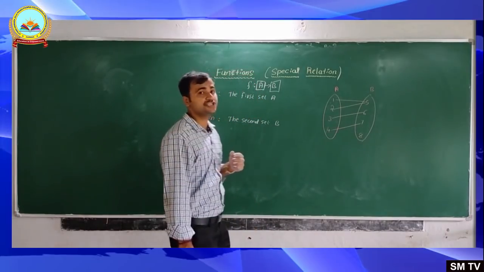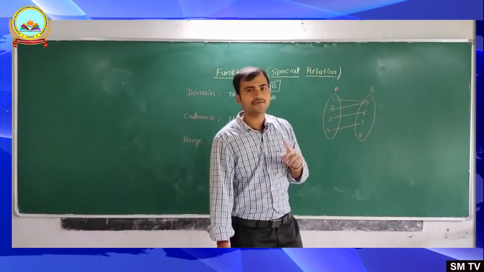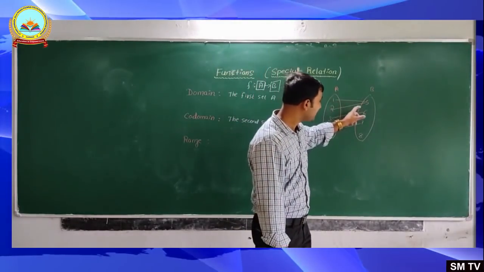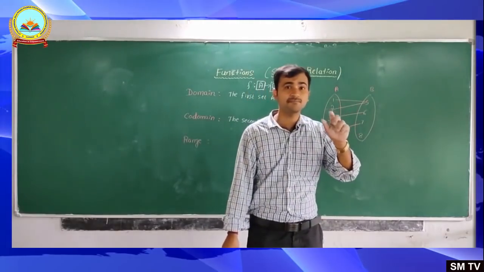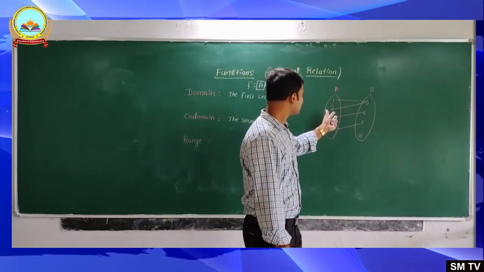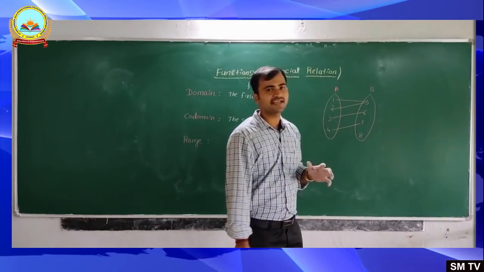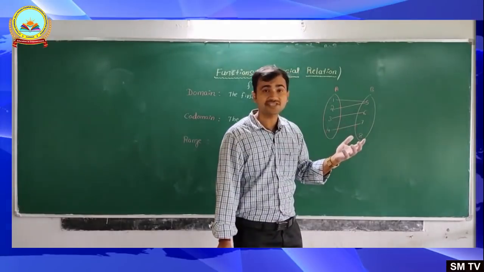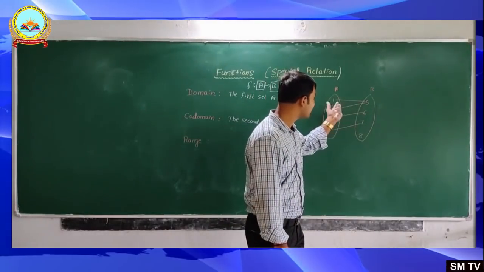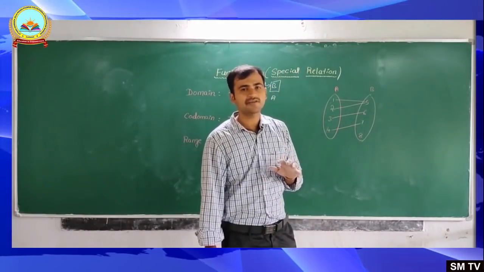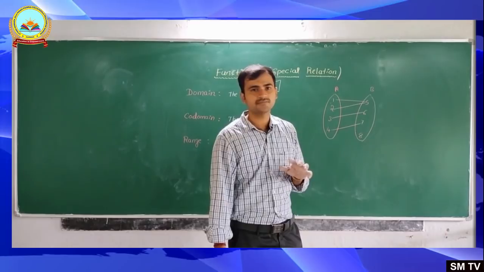What will be range? Range of a function is the set of elements in B which are images of at least one element in set A, or you can say the elements which are having association with the elements of set A. Again, let me repeat the definition of range.